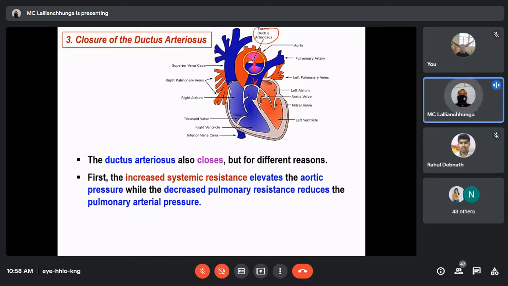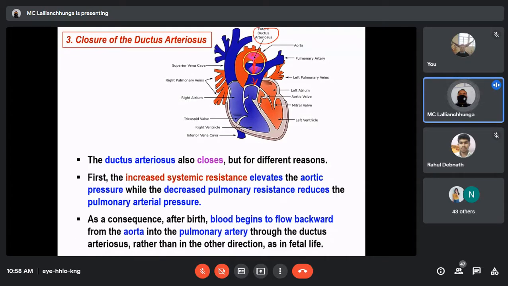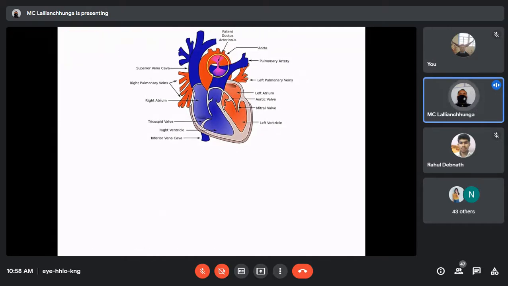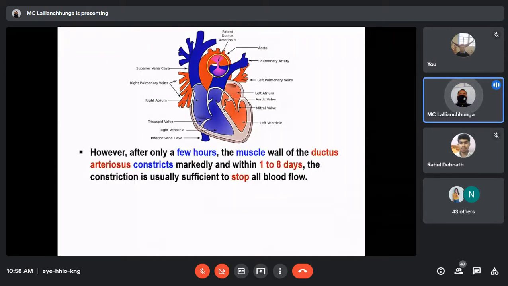But at the same time, the aorta has increased its pressure, so it will try to push blood back towards the pulmonary artery. As a consequence, blood begins to flow backward from the aorta into the pulmonary artery through the ductus arteriosus. However, after only a few hours, the muscle wall of the ductus arteriosus constricts.